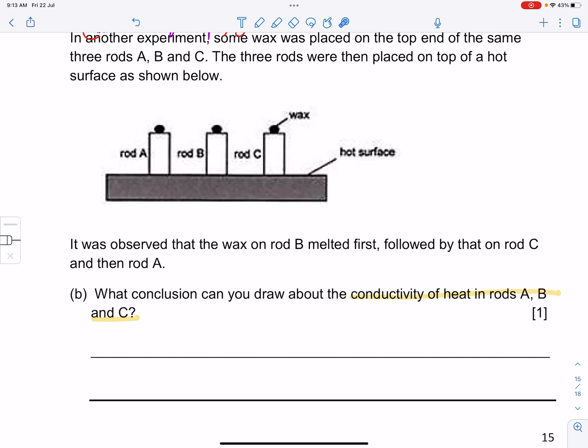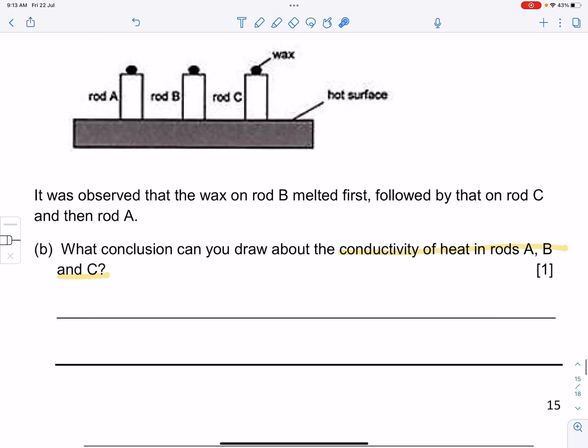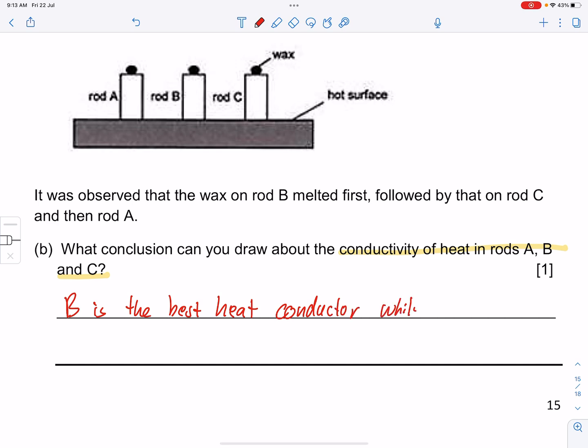But you have to talk about all three. So I would phrase it like this: B is the best heat conductor, while A is the poorest conductor of heat.